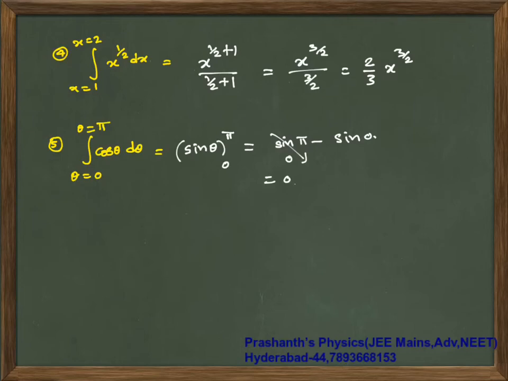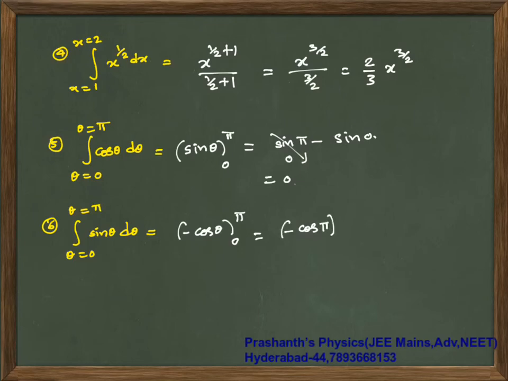Next, coming to the next part, integral of sin theta d theta, if you take from 0 to theta equal to pi, your answer is going to become minus cos theta from 0 to pi, that is equal to minus cos pi minus cos 0.